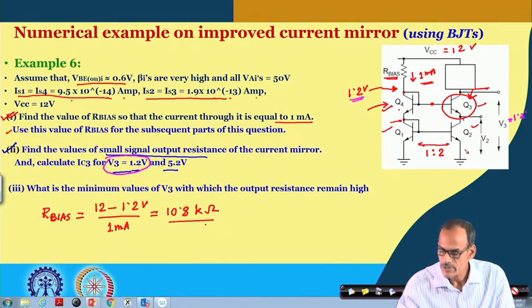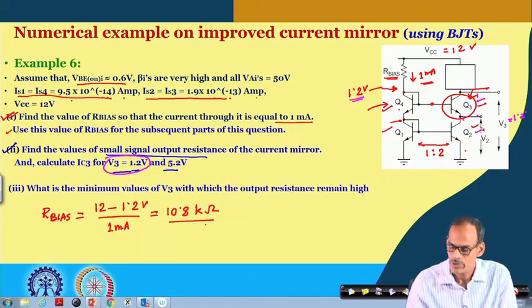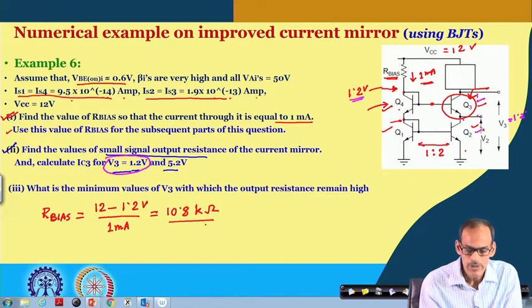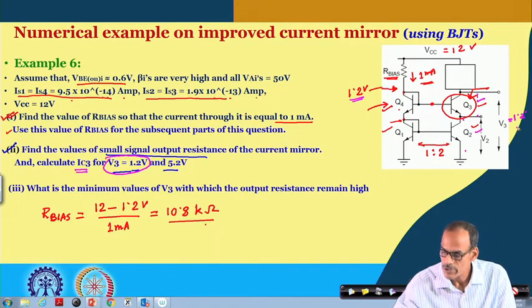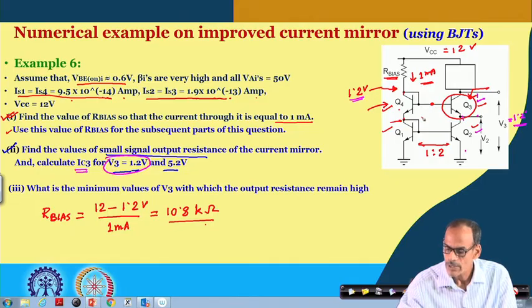So, that makes VC here and VC here similar. So, we can see that both transistor 3 and transistor 2 are in the active region of operation, making the two VC voltages equal.